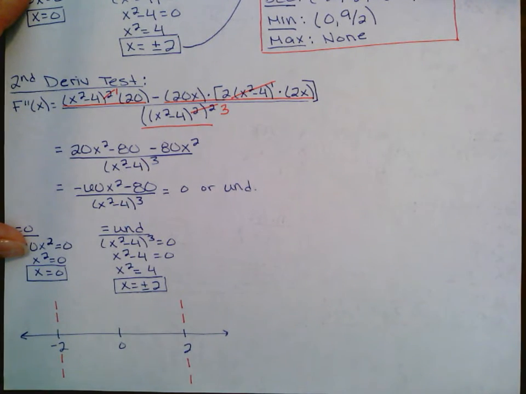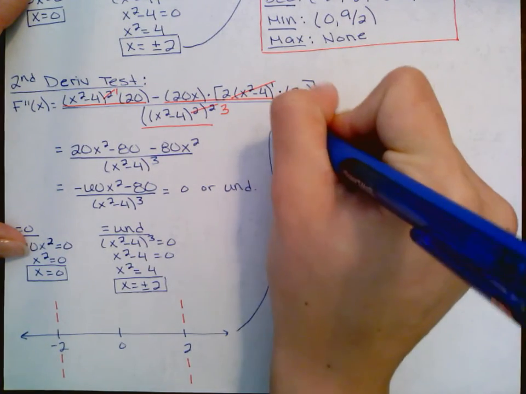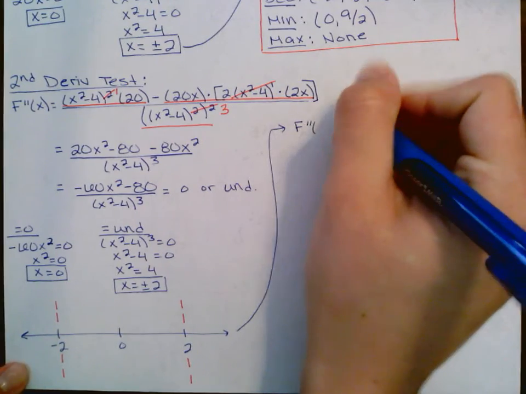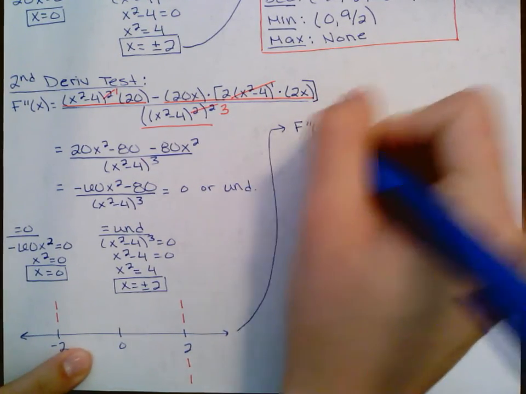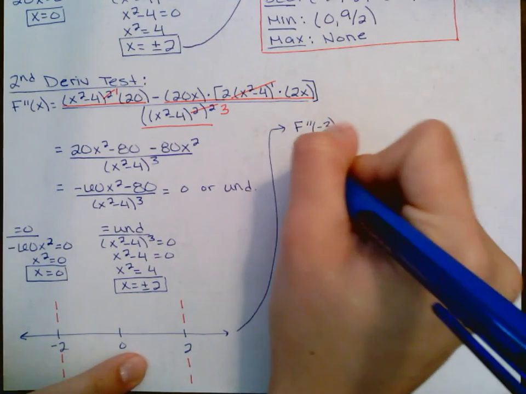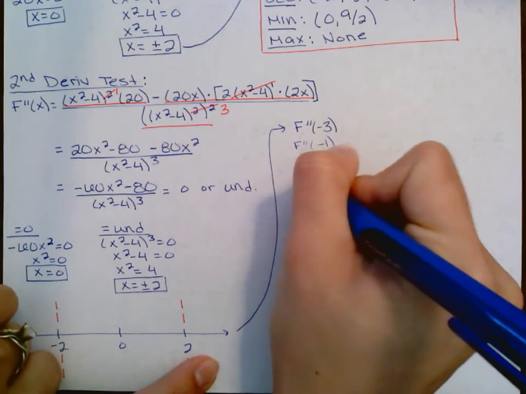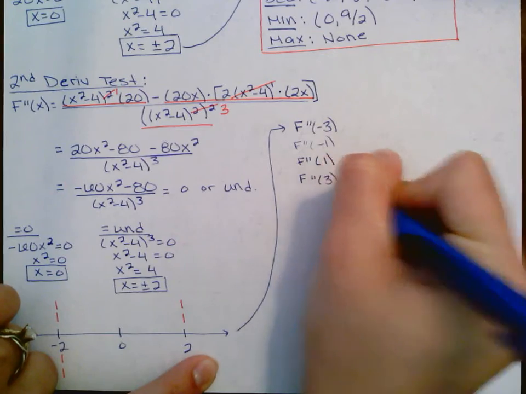And now, this part I'm going to do up here. I need to plug values into my second derivative. So, to the left of -2, I'm going to put -3. In here, I'm going to put -1. In here, I'm going to put +1. And in here, I'm going to put +3.